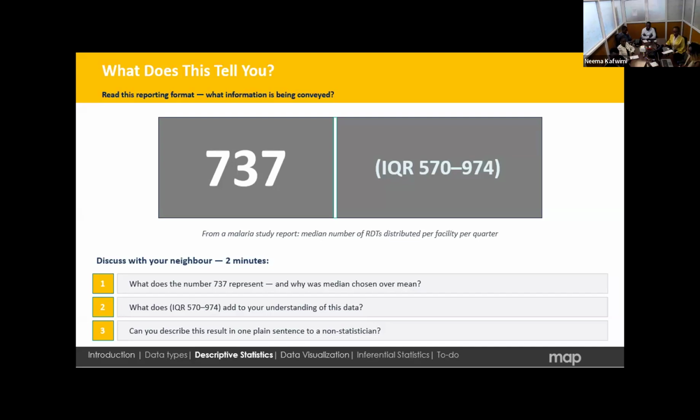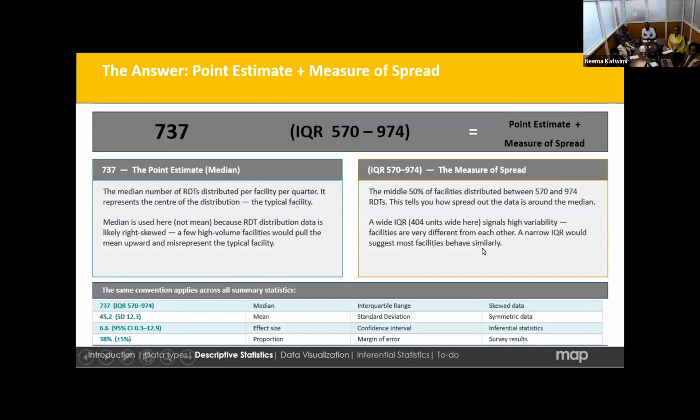Okay. I'll go straight to the answer to save time. As you have said, 737 is the median, and the interquartile range is 570 to 974. Usually we report the point estimate and the measure of spread.